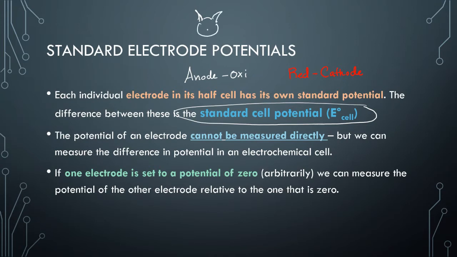There we go. There's your ox. That's where the oxidation happens. Okay. And then reduction happens at the cathode. All right. Good way to remember it is an ox, red cat: oxidation, anode, reduction, cathode.